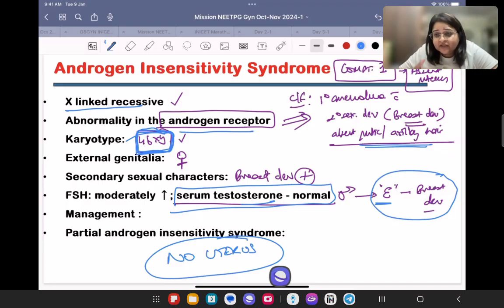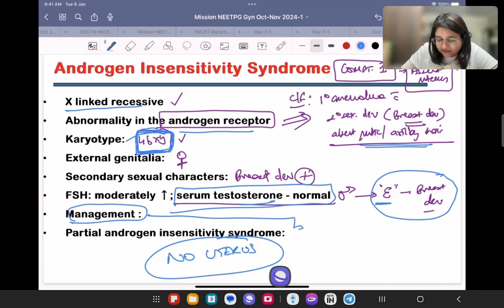Yes, Jayasurya, this patient will have testes. Gonads will be testes. So when you do an ultrasound, you will find gonads in the inguinal canal. They will be undescended because there's no scrotum. They will have undescended testes. Okay, and so when you do a biopsy of the gonads, you will find testicular tissue. That is why management is very important.